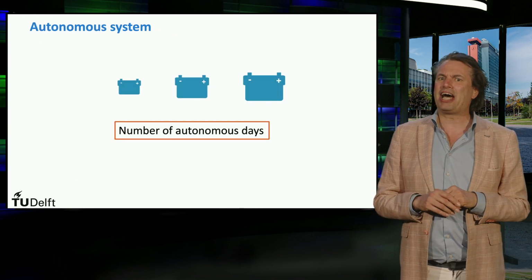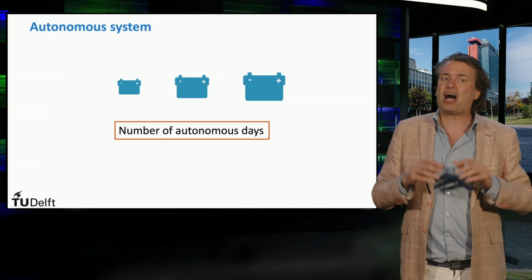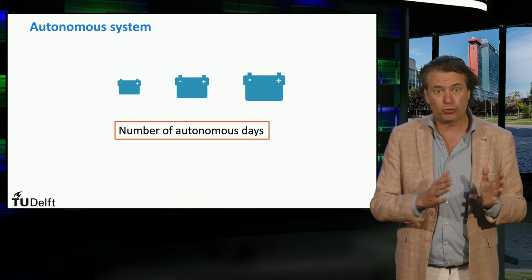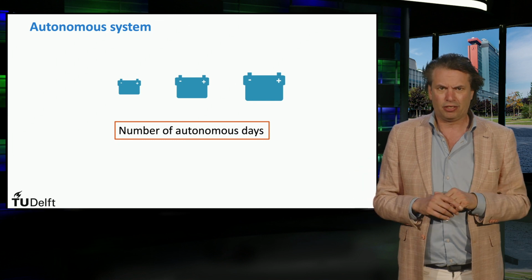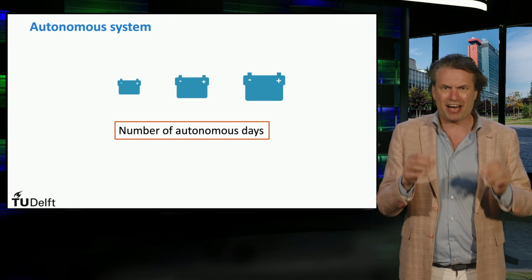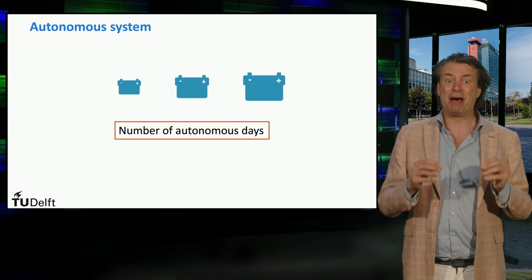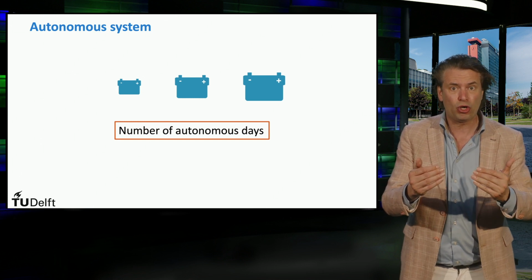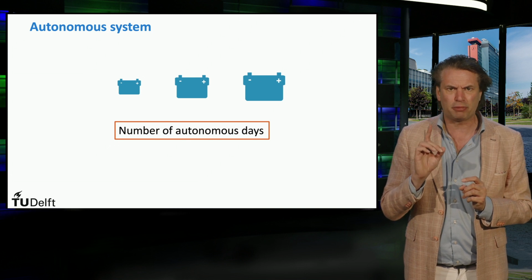An additional design question to be addressed is what are the number of autonomous days the battery bank would be able to deliver power? The number of autonomous days is defined as the days that the battery can supply the continuous energy load without charging the battery.